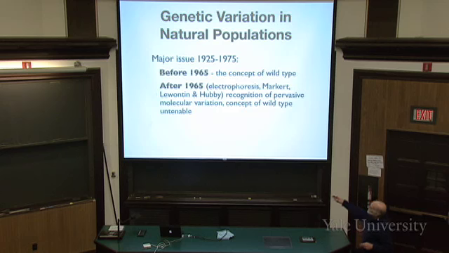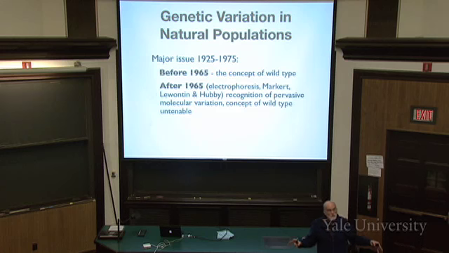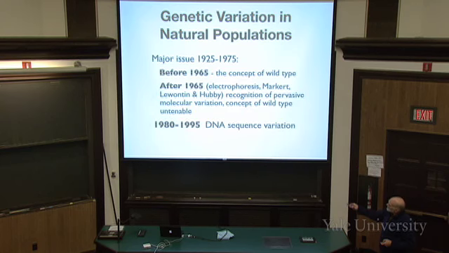After 1965, with electrophoresis, the impact of Clement Markert's work and Dick Lewontin and his colleague Hubby, we've recognized that there's a lot of molecular variation. This concept that each species has a certain genomic type is no longer tenable. There's just a tremendous number of different kinds of genomes out there. Since 1995, we've had a lot of DNA sequence variation, and now we've got genomics.